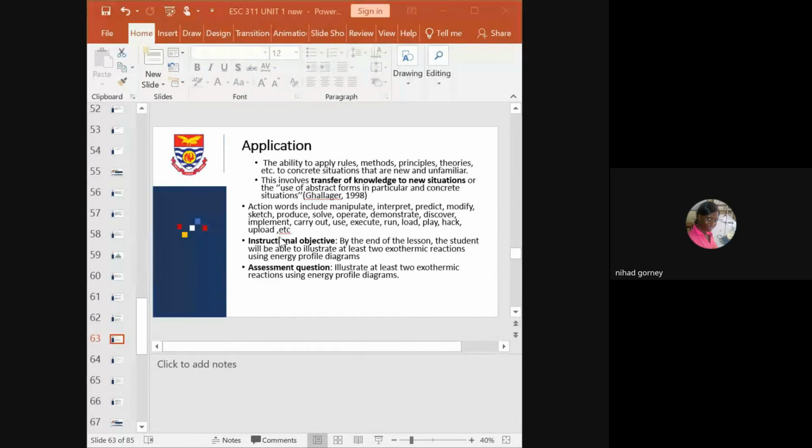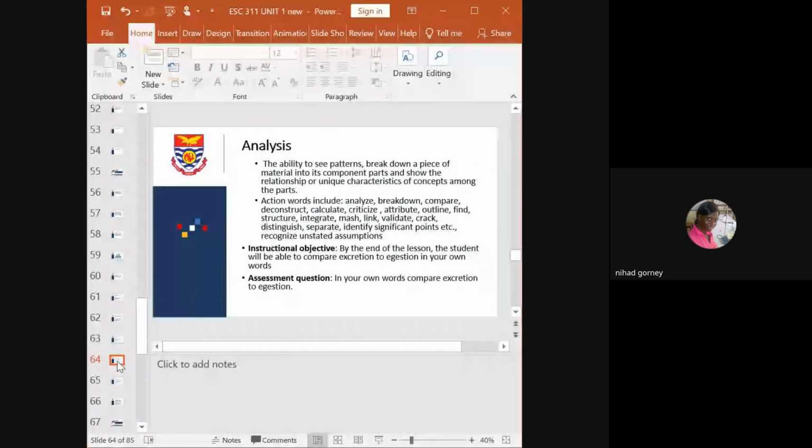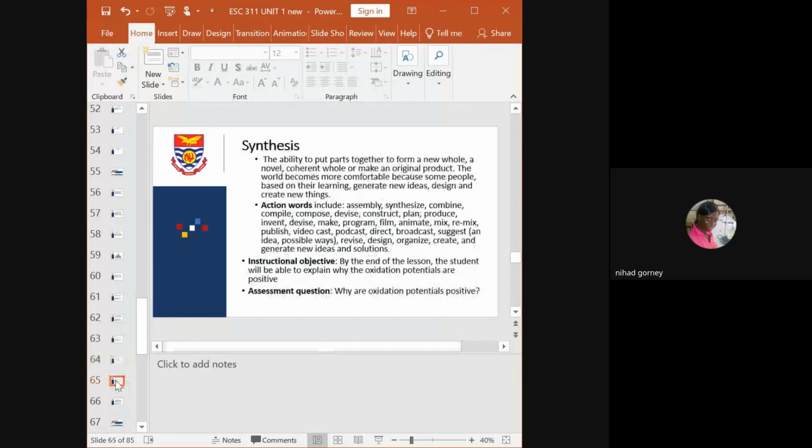Then we have another higher order one from application: analysis, the ability to see patterns and break down a piece of material into components. So in analysis, we are breaking down and showing how things are related. We use verbs like analyze, criticize, calculate. Then the higher one, we have synthesis.